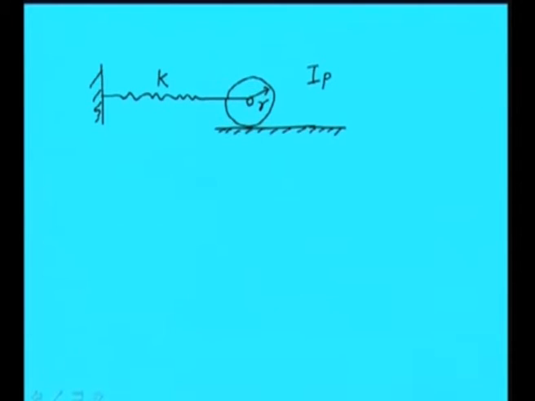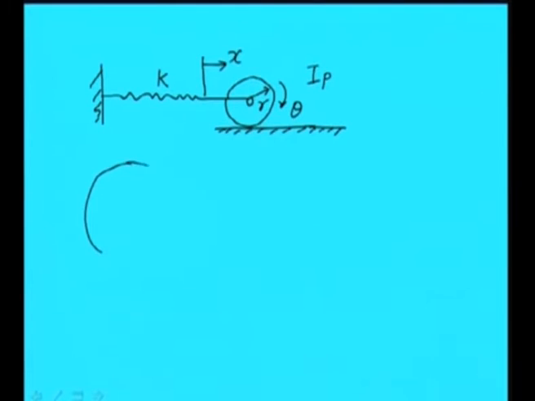Now we are giving a rotation theta to this particular roller, so that the spring is getting stretched. Let us say the spring is getting x extension because of this theta. Now, these two quantities we can relate. How are they related?